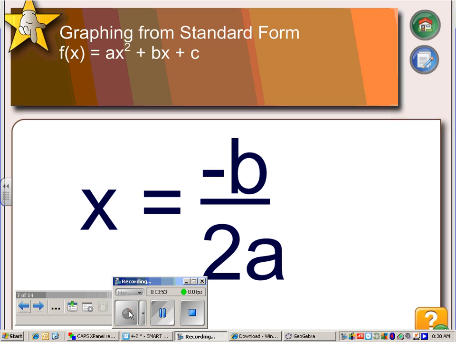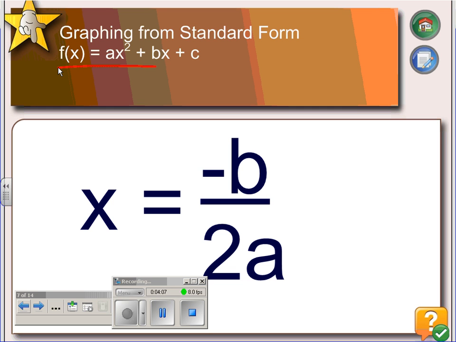This is plan B. In order to find the vertex, you can use this formula, -b over 2a. So what are b and a, you may ask? Well, in your standard form equation, a is the leading coefficient, b is the coefficient on the x term, and then c is the constant term at the end.